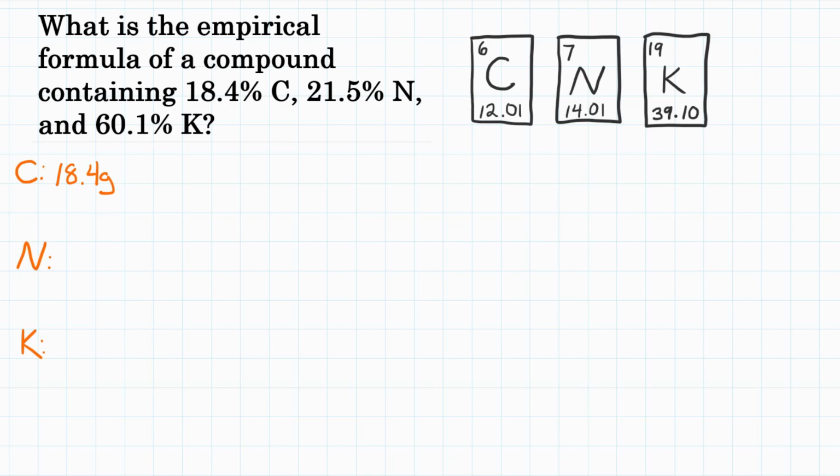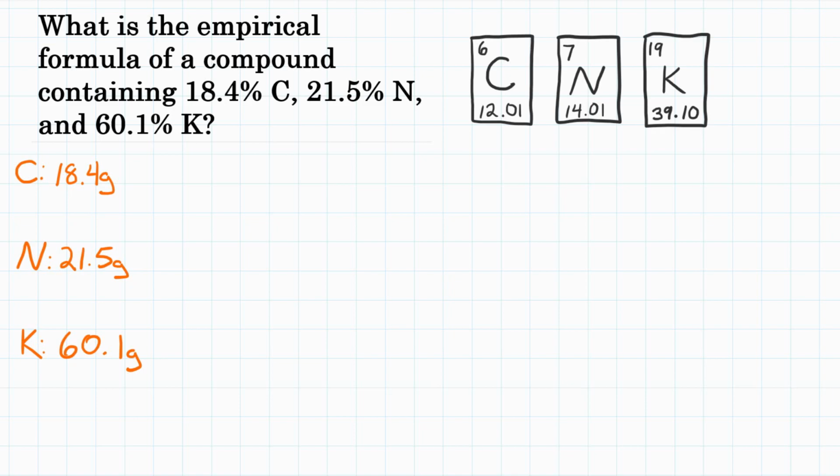For nitrogen, 21.5% would be 21.5 grams, and potassium, the rest, 60.1% potassium, which again, if we had 100 grams, would be 60.1 grams.